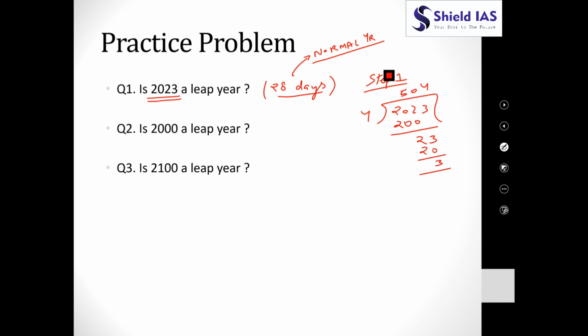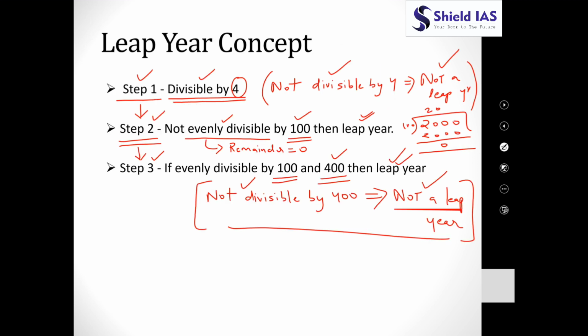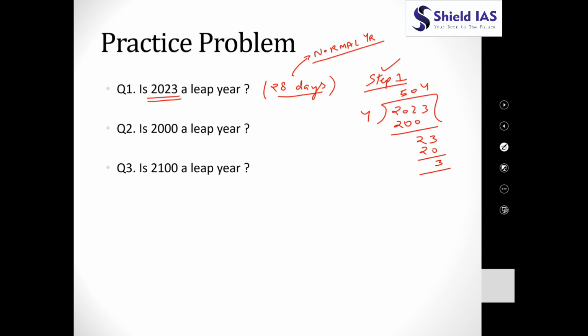Therefore, step 1 fails. What does step 1 say? Step 1 said that if it is divisible by 4, then we have to go towards step 2. But if it is not divisible by 4, the year cannot be a leap year. So in step 1 only, we have seen that 2023 is not divisible by 4, right? So we can directly say that 2023 is not a leap year.